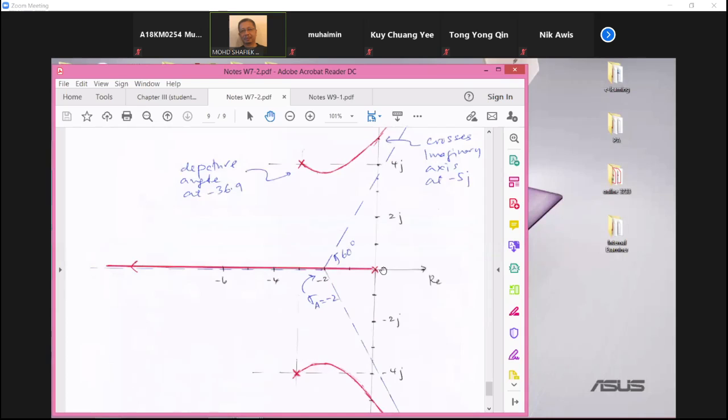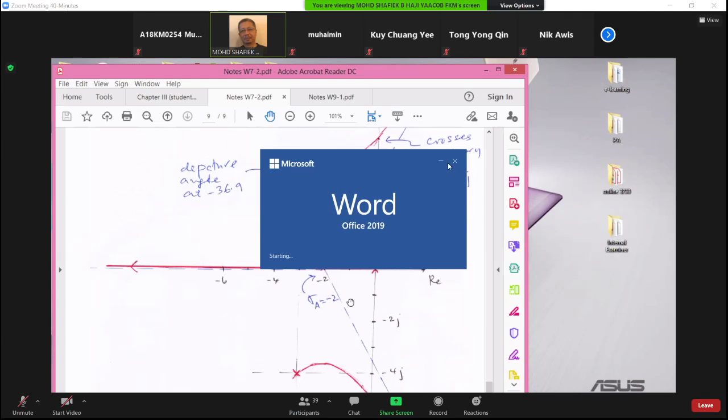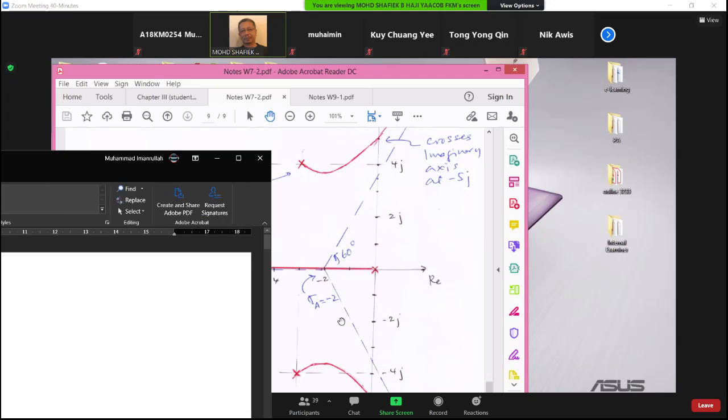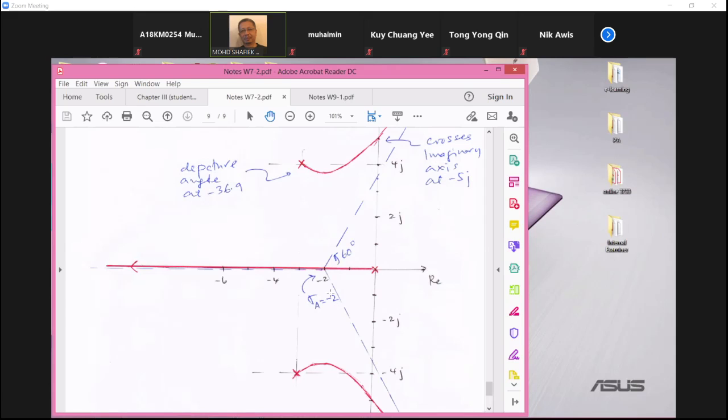Okay. So these are our three poles, one at the origin, and we have two complex poles. And then we have determined that since there's no zero, all locus will go to infinity. And therefore, we need to find three asymptote lines. So all asymptotes intersect at -2. So we have computed asymptote lines to go through -2.